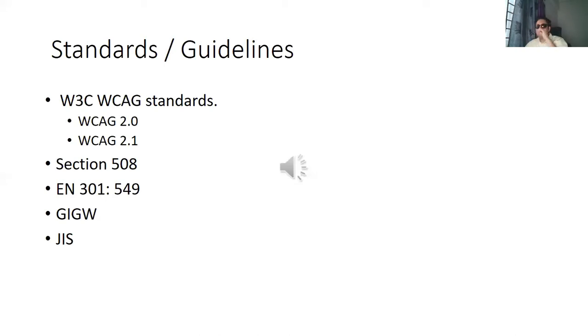Also define whether they are level A, level AA, or both. Section 508, EN 301-549, Guidelines for Indian Government Websites, GIGW, JIS, Japanese Industrial Standards, etc.